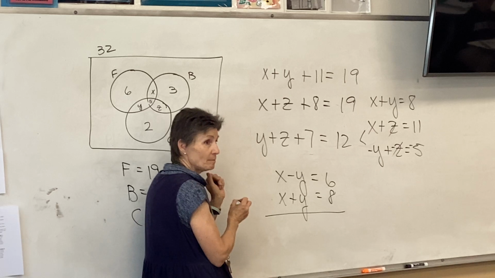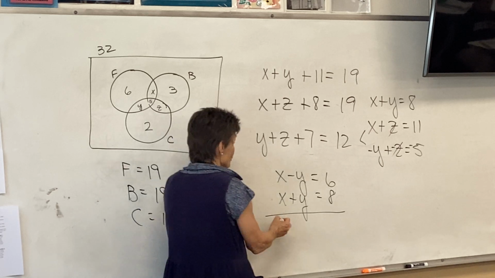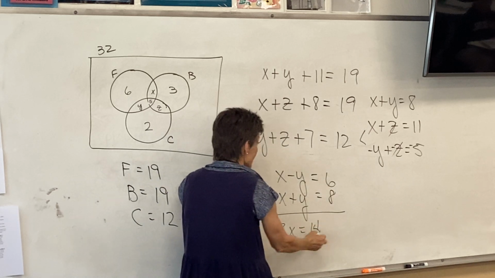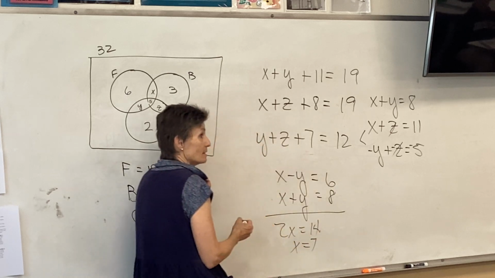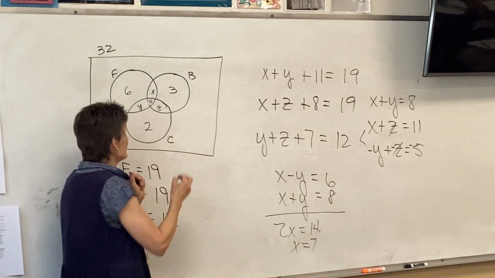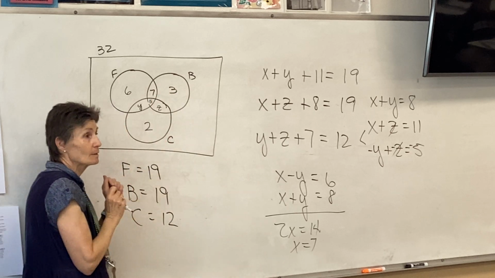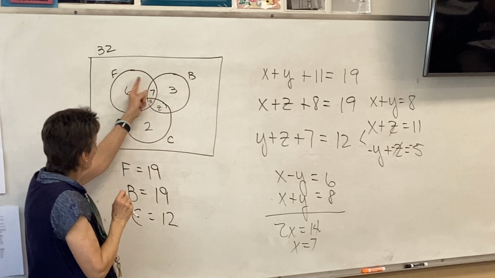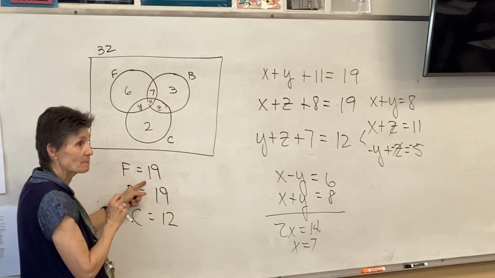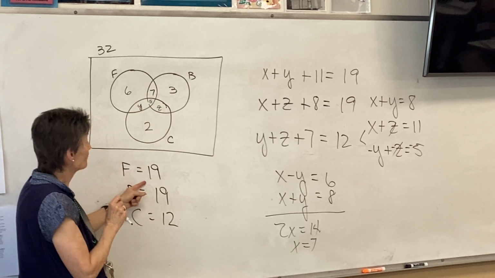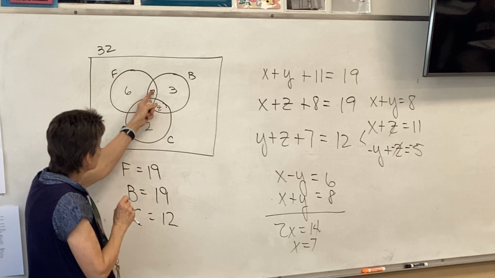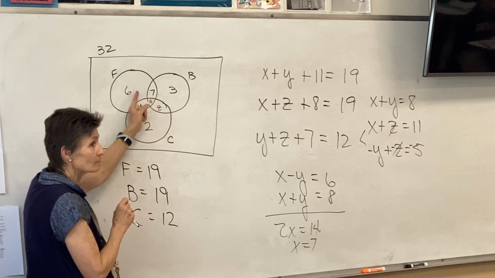You see what's going to happen? 2x equals 14, so x equals 7. So I come up here and put a 7 here. Now remember, the whole F ball adds up to 19. So I got 18 right there, don't I?